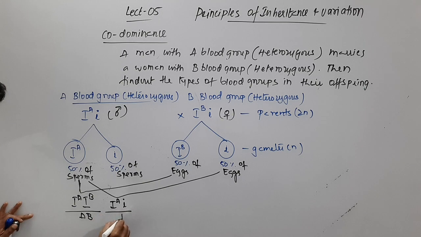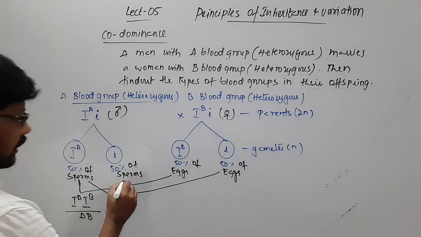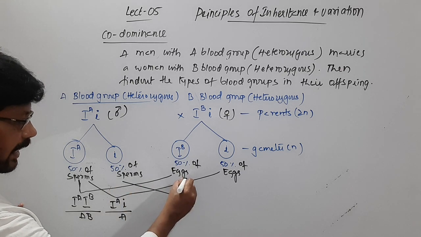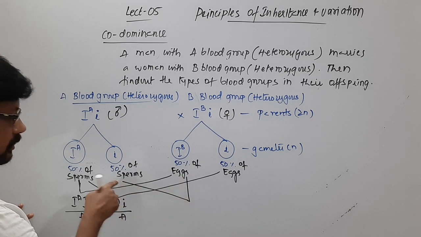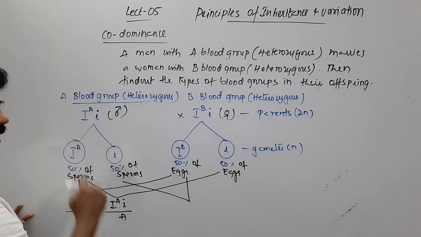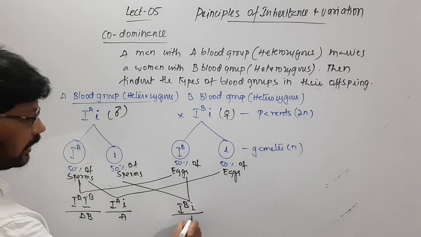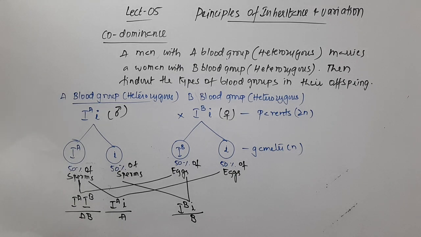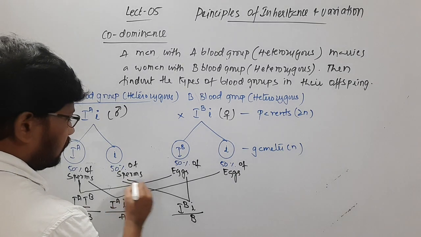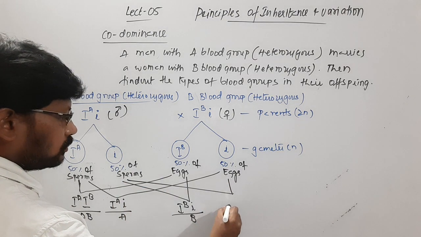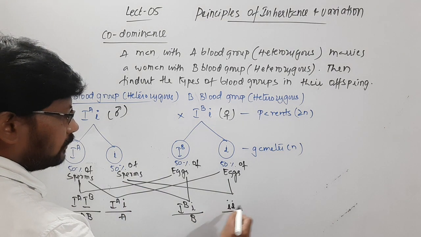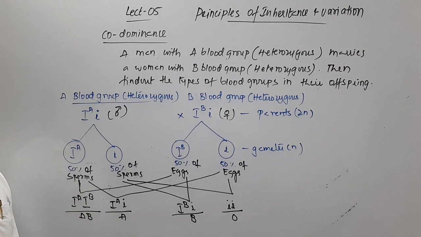In this case the child's blood group will be A. And if the egg having IB comes in contact with the sperm having small i, then it will be IB small i, and the born baby will have B blood group. And if small i meets small i, then the blood group will be O.